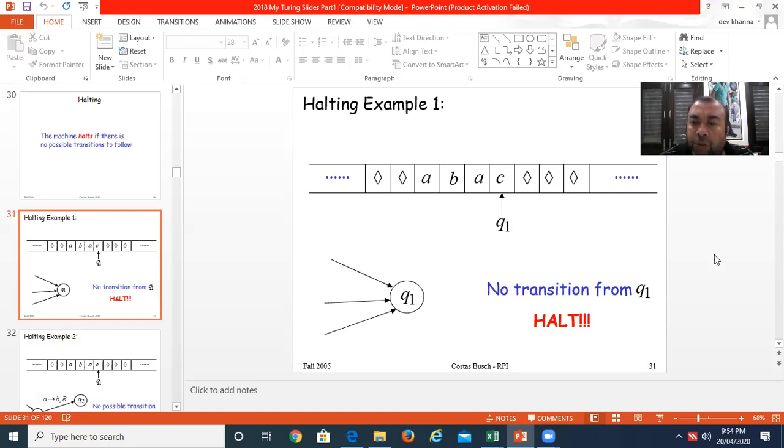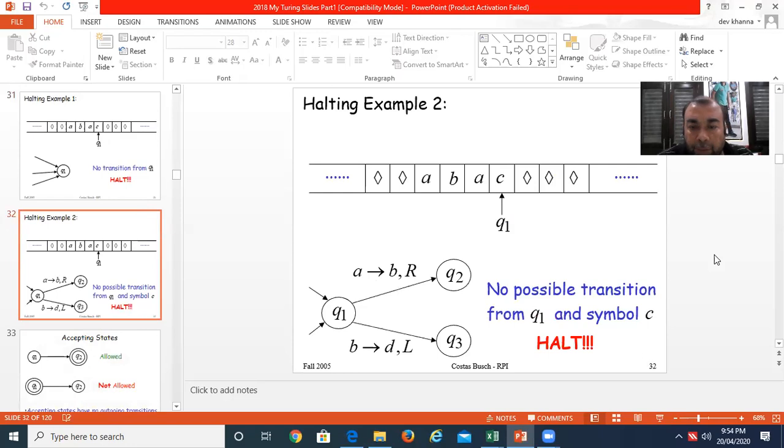Even if it is a final state, this input is not going to be accepted because C is still pending to be read. Yes, we have drawn that reading A and reading B is allowed on Q1, but reading C on Q1 is not allowed. So halt and rejection of the input.